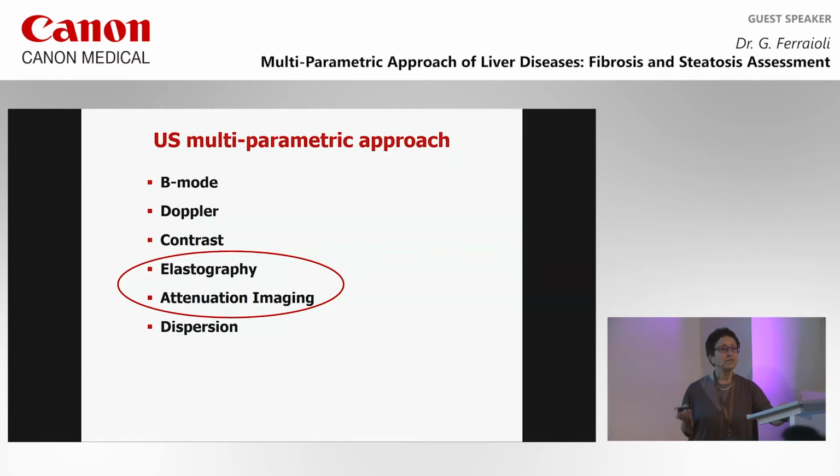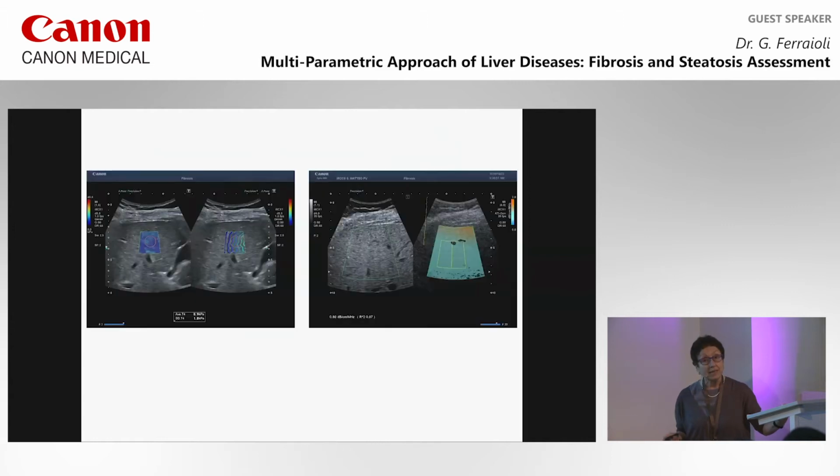My talk is focused on elastography and the attenuation imaging. And we can have both assessments using the Canon system, and as you can see, when we use elastography, here we have, together with the color map, the propagation map. And this is the image of the attenuation.